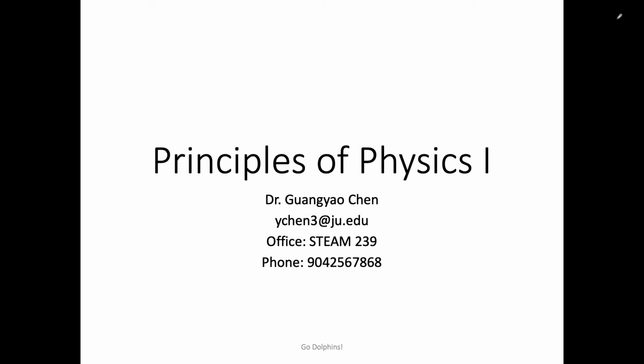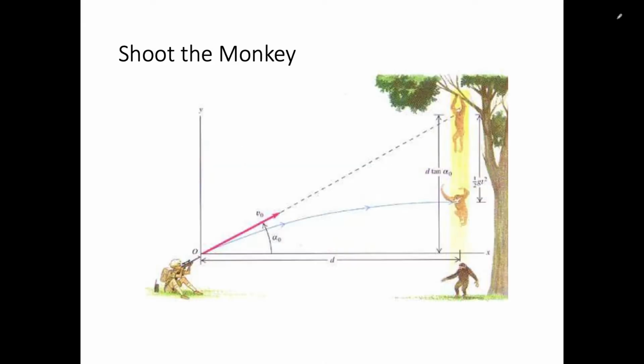In this video, I'm going to prove the hunter and the monkey problem. The hunter and the monkey. The problem says if there's a hunter who sees a monkey hanging on the tree, the hunter fires the rifle and the monkey, scared, releases from the tree at the same instant the bullet was fired.